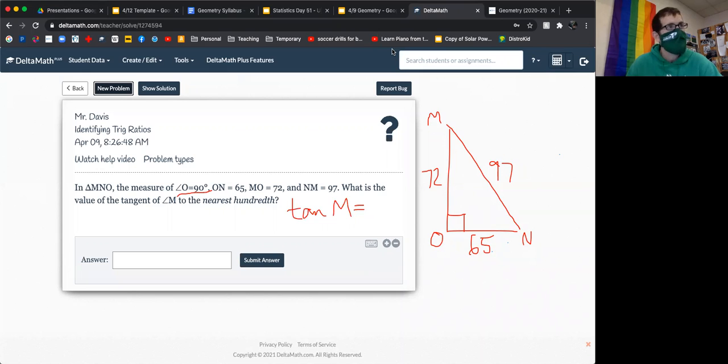So which angle should I mark on my page to tell myself this is the reference angle? M. Yeah, so it's whatever the trig ratio of this angle, so tangent of M. So that's my reference angle. So I'm going to go ahead and mark that.